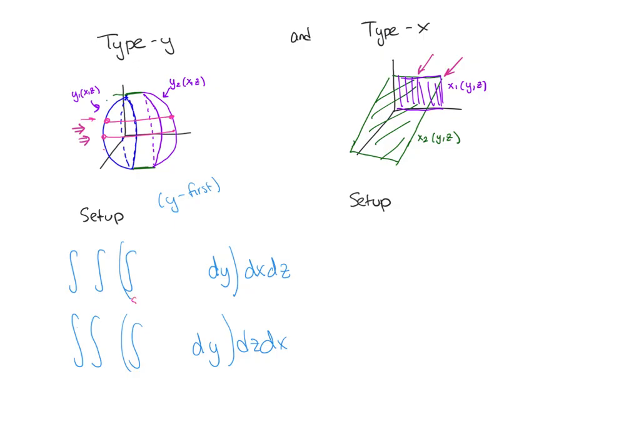So I'm thinking about that left side for the y and the right side for the y. And my innermost integrals in 3D and for triple integrals are going to be those surfaces. So I noticed that on that left-hand side, I'm seeing this blue surface, which we've called y1 of x. Sorry, y1 of x and z. It's allowed to have both x and z in there as its variables. And then I move left to right.